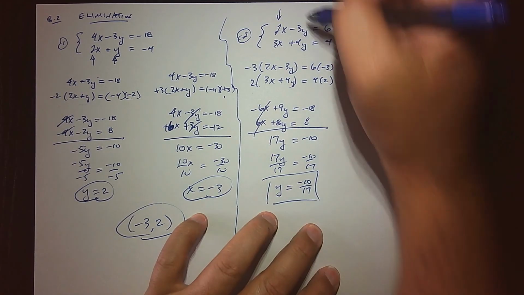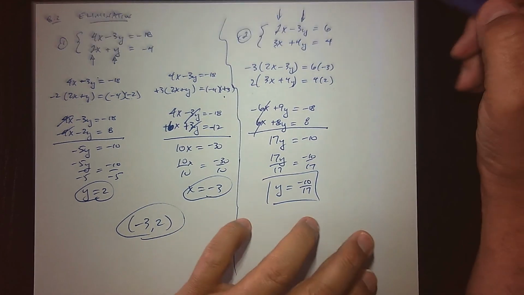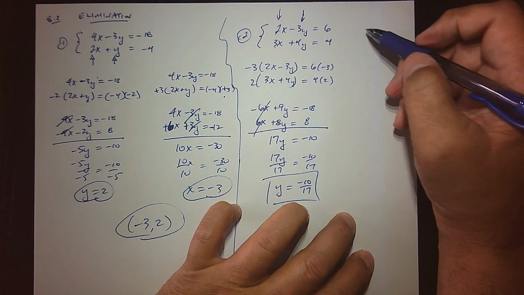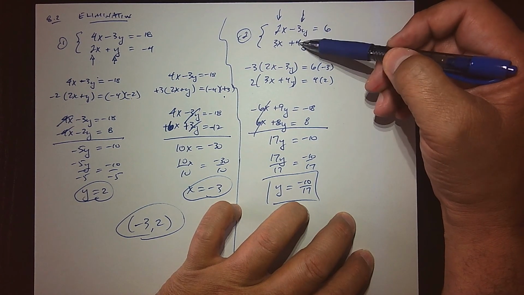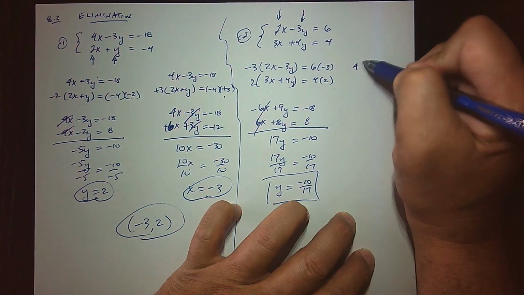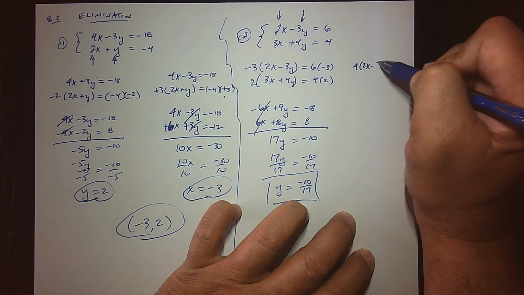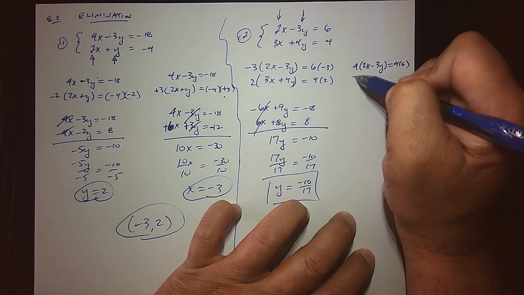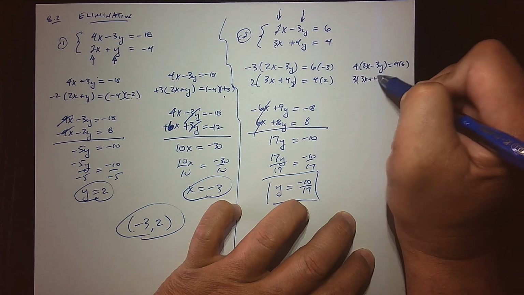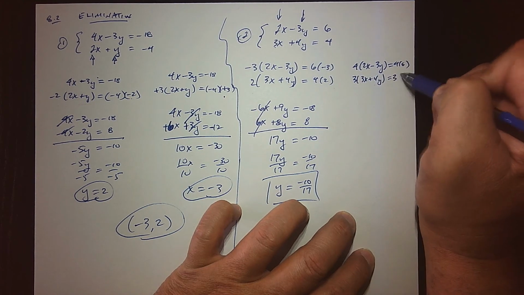So how about we eliminate y now? If we eliminate y here, the good news is we already have opposite signs, but we have a 3 and a 4. So how about we multiply the first equation by 4, and then multiply the second equation by 3.